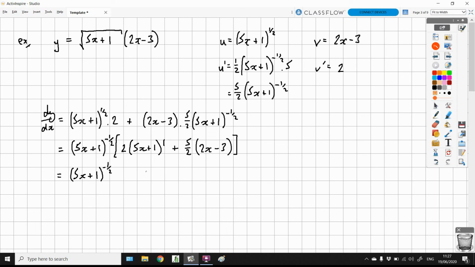It just drops down from one line to the next. Most of our work now is going to happen inside this square bracket. Power 1 is just very straightforward. What we have here is 10x plus 2, nothing complicated about that, plus 5 halves times 2 is 5, so plus 5x, minus a slightly awkward 15 halves. Gets us to there.